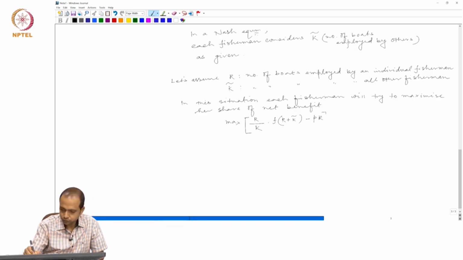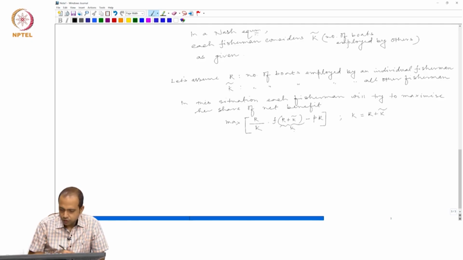This is very simple. The first component basically gives you the revenue. Why revenue? Because the first part is output multiplied by my share of boats, where small k is the number of boats I have employed and capital K is the total number of boats, where capital K equals small k plus k tilde.